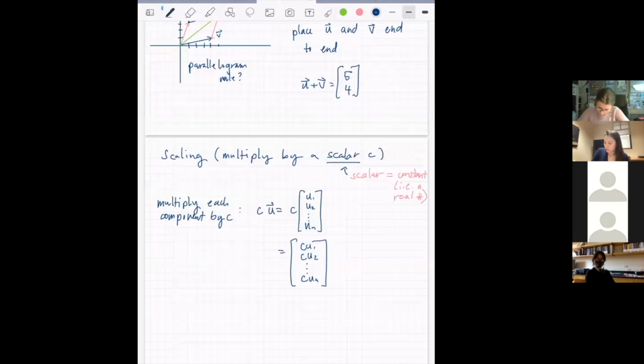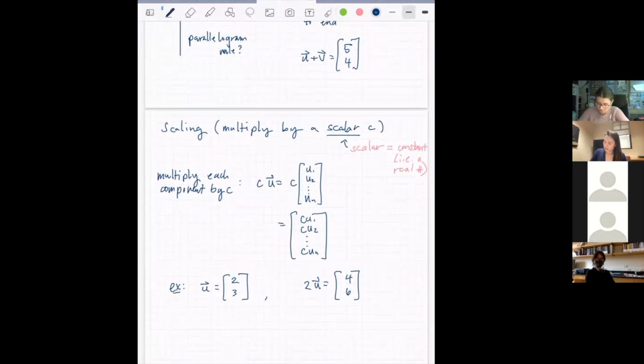So for example, let's say we have a vector 2, 3, multiplying that by the scalar 2 would give us, we just double each of the entries, right? So this would be 4, 6, and negative u.